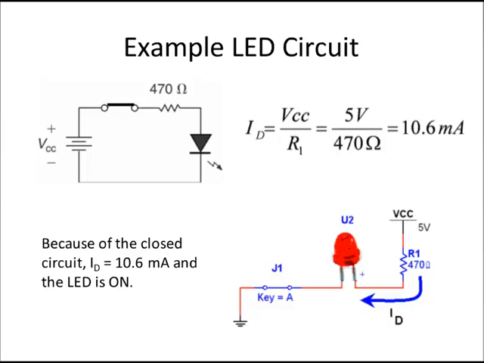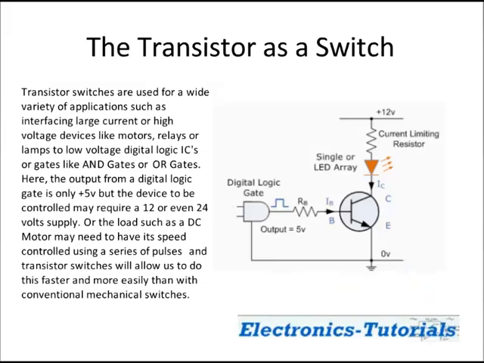It would also tell us what the minimum current would be, the optimum current for power conservation, and the maximum current where we would then see smoke coming out of the circuit and the LED would fry. Then it would be an open circuit and there would be no current flowing. Another example of a nonlinear device is the transistor when used as a switch.